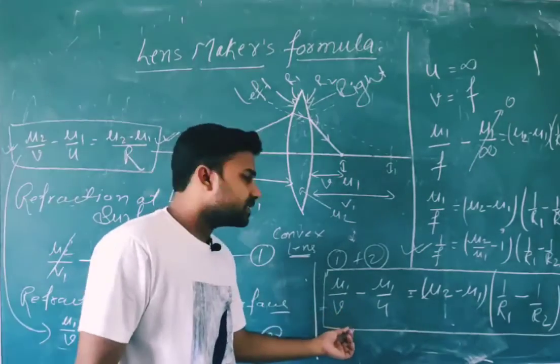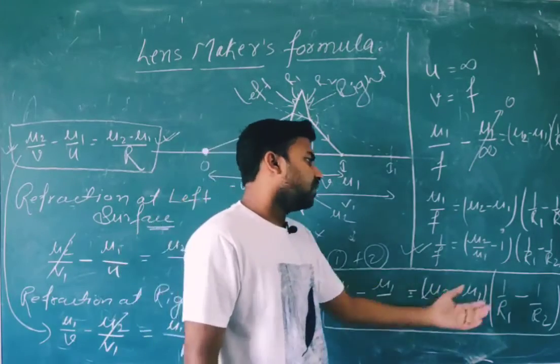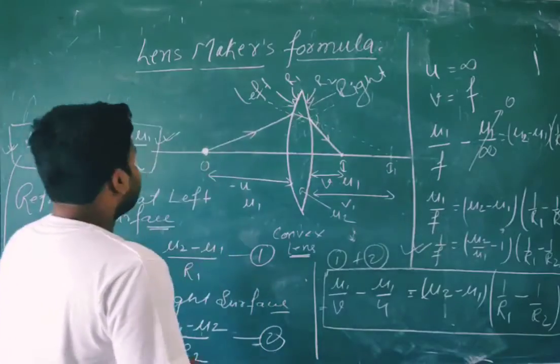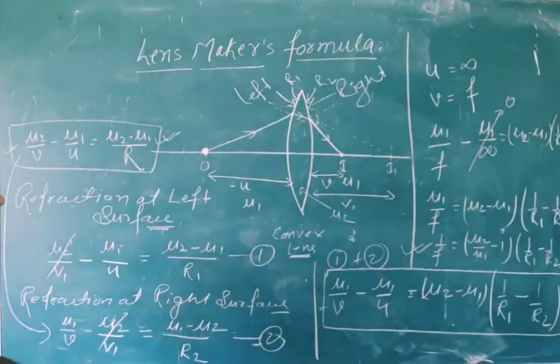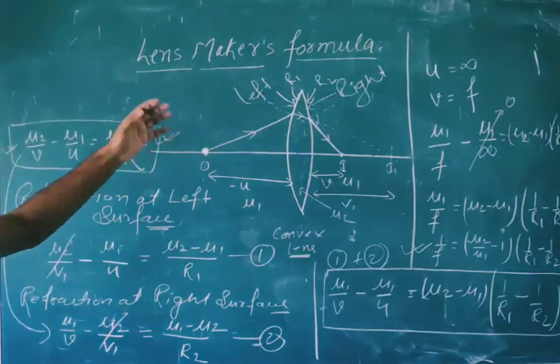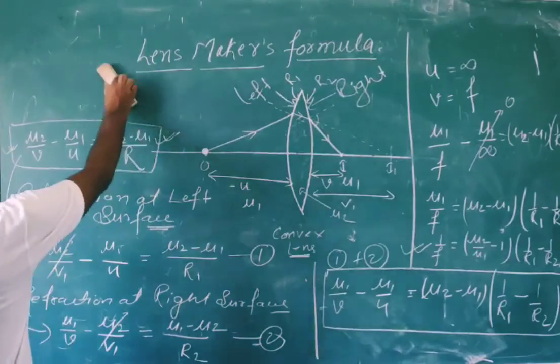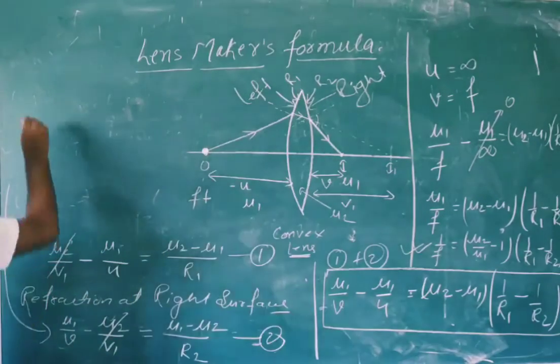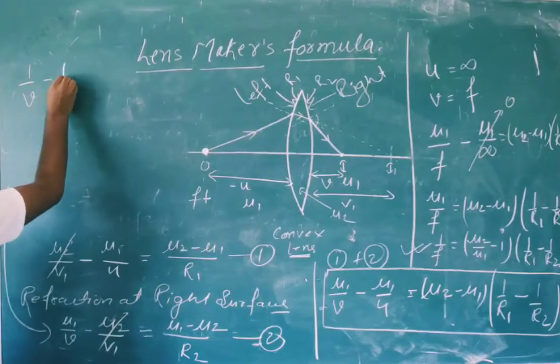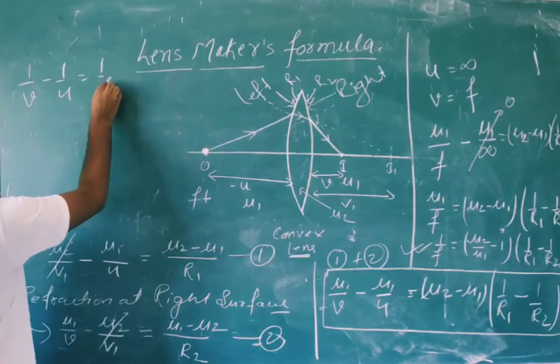We are also getting the relation between v, u and all. Now in 10th class, in the first term where we studied these things, there we got a relation: 1 by v minus 1 by u equal to 1 by f.